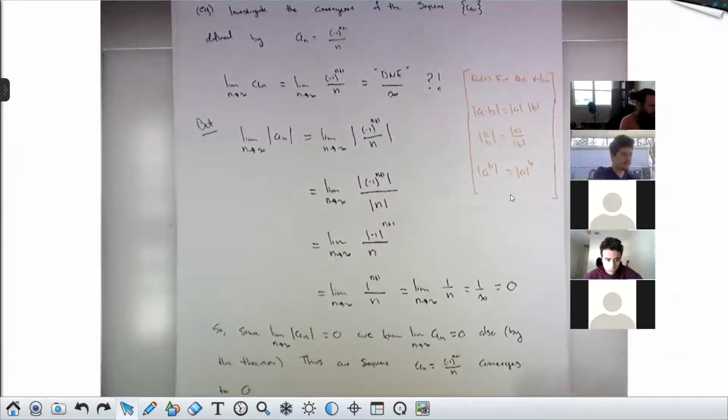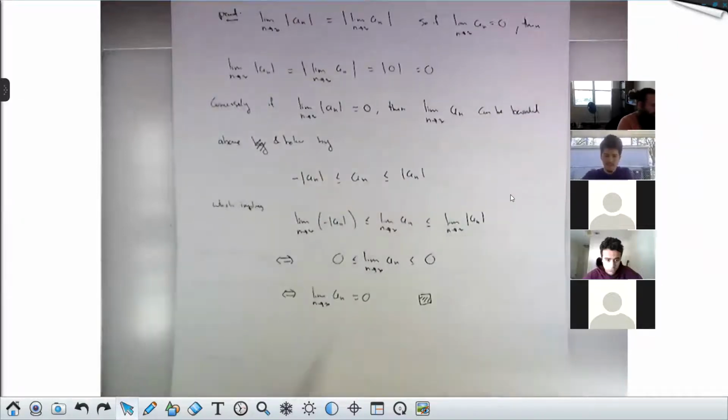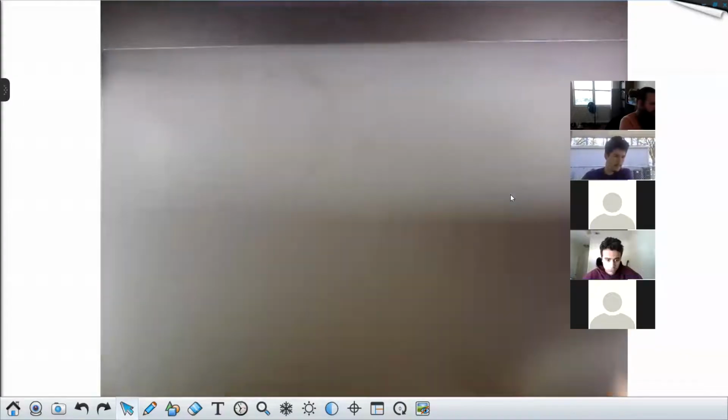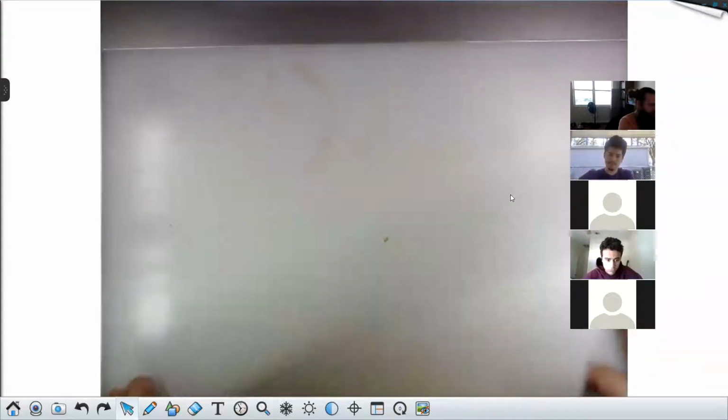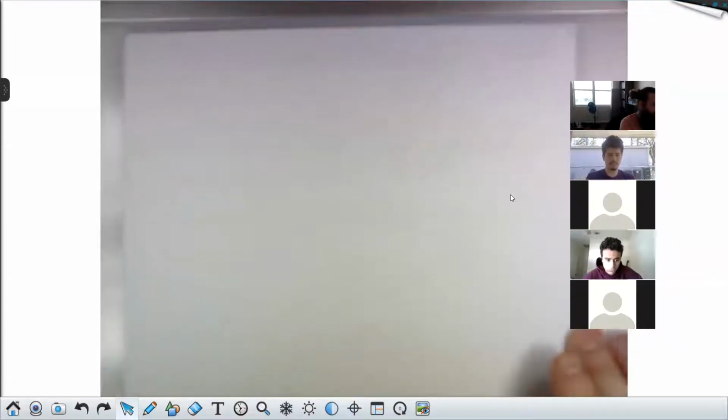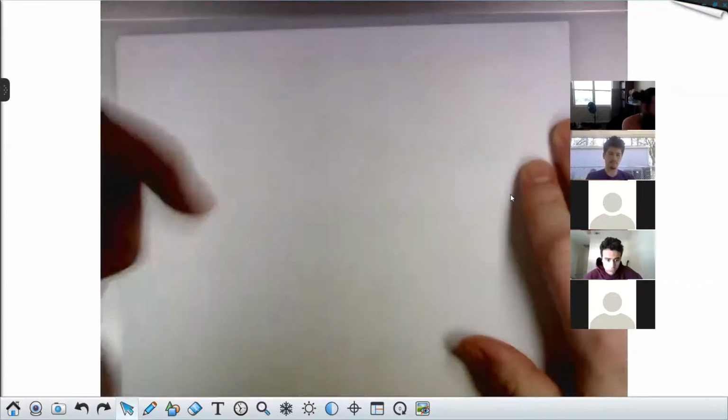All right. More examples of sequences and how we can use theorems to help us with sequences. A big family of sequences are called geometric sequences. And you probably saw these in your pre-calculus class, at least a little bit. But let me remind you.